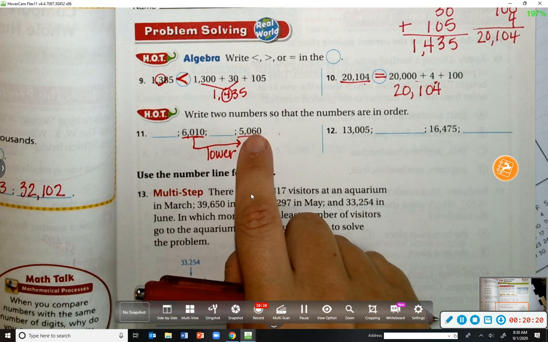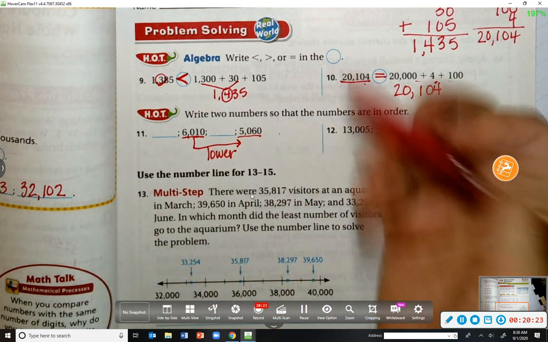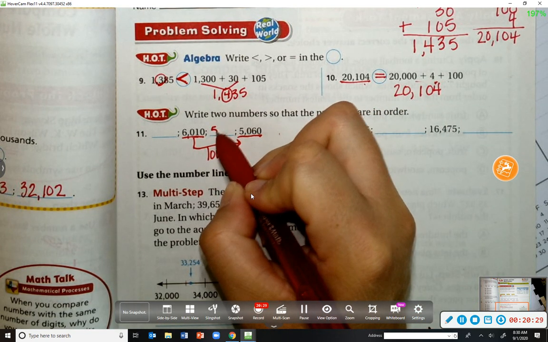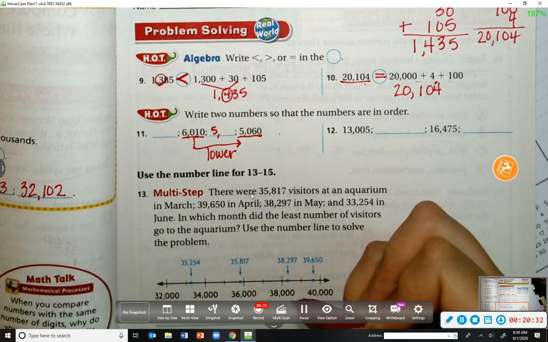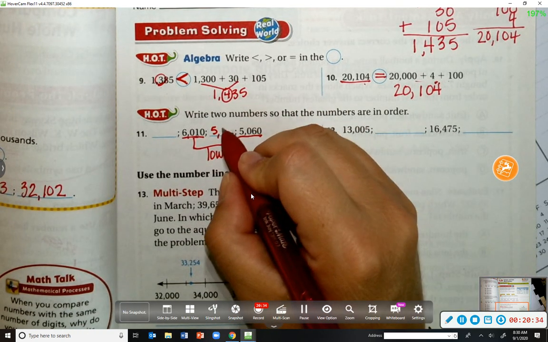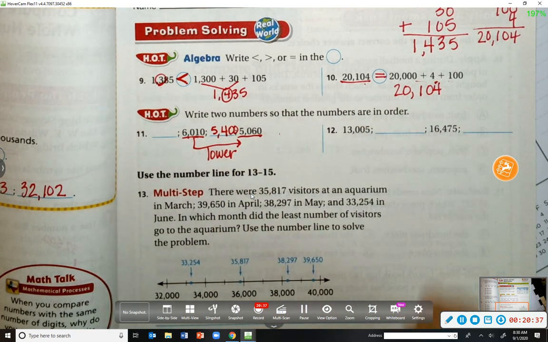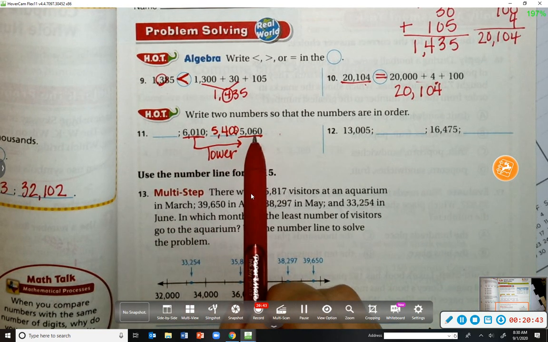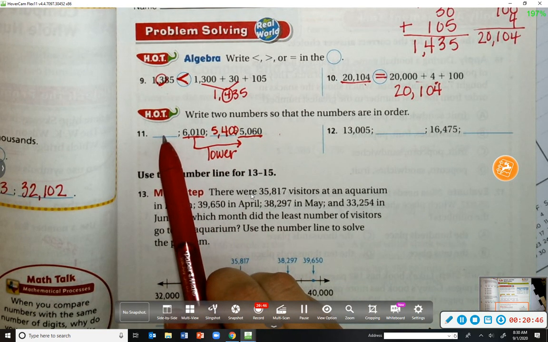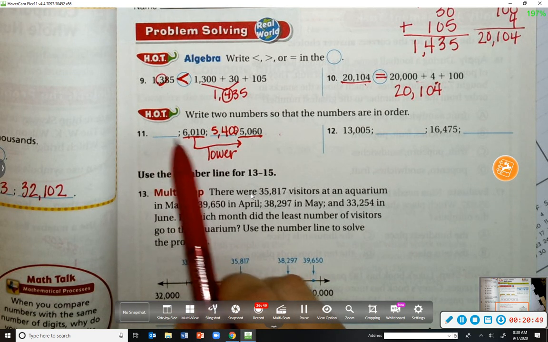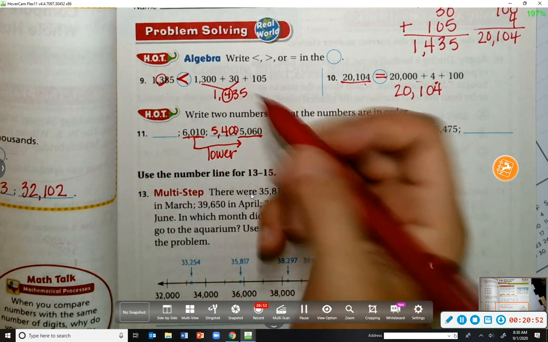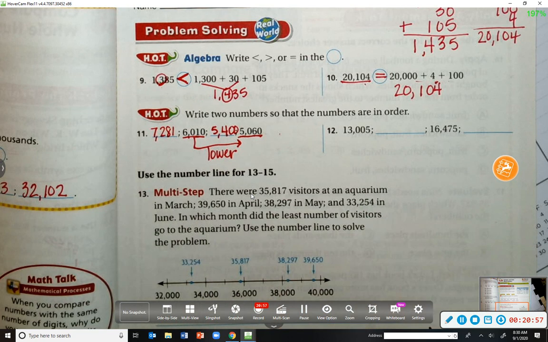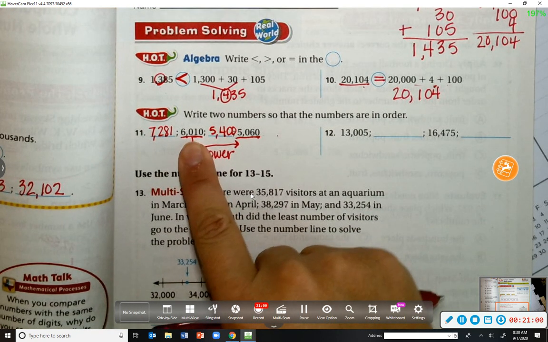But the number can't be lower than 5,060. So we can pick any number as long as it's higher than 5,060 and lower than 6,010. So let's just say 5,400. Okay? Now, since we're going greatest to least, this number in front has to be our biggest number, bigger than 6,010. Okay, so we could do 7,281, any number, as long as it's bigger than 6,010.